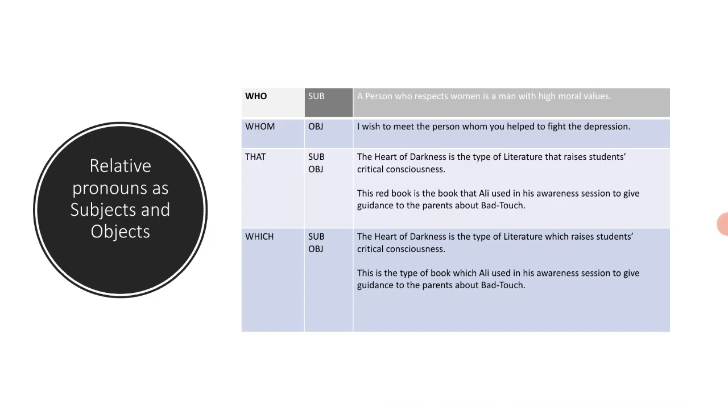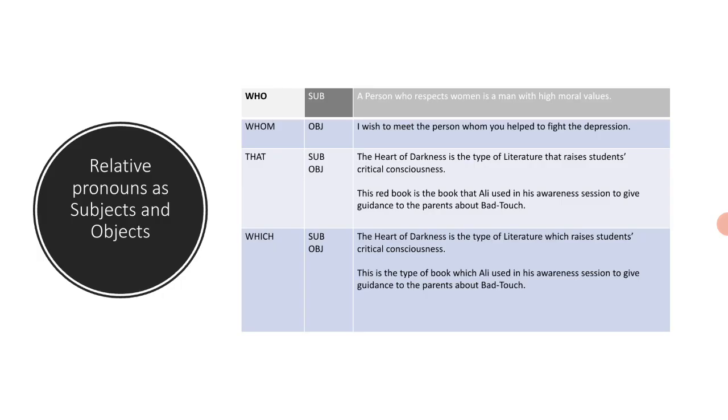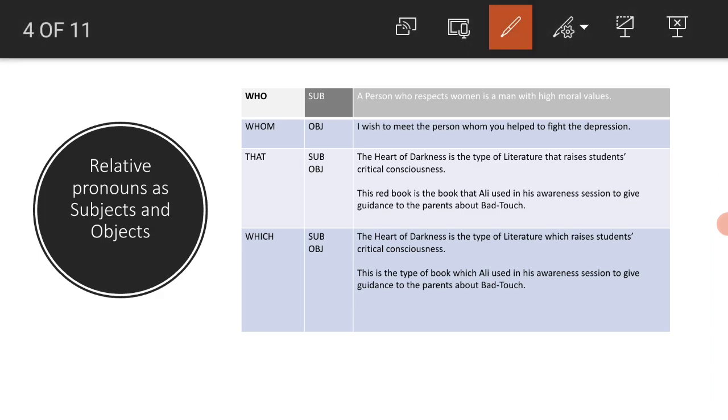Here who is used in subject position. Now in our next example, whom is used in object position. I wish to meet the person whom you helped to fight the depression.